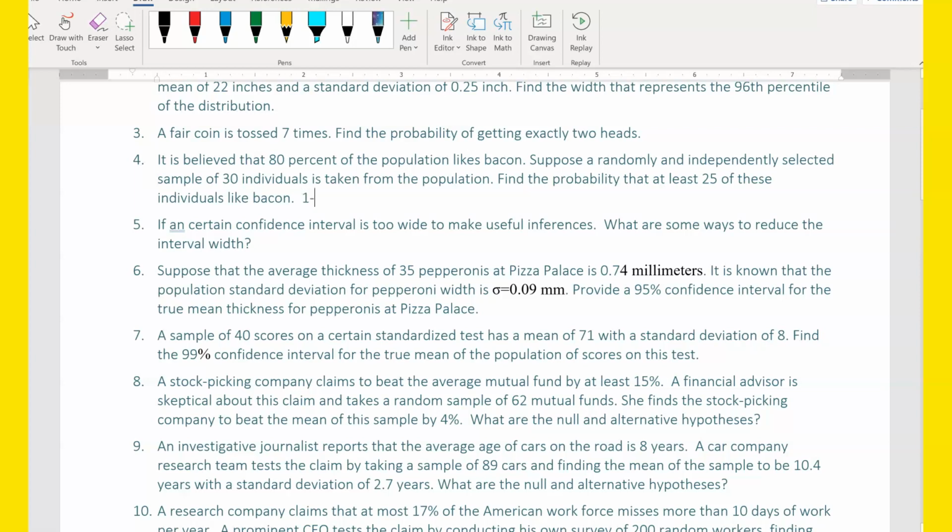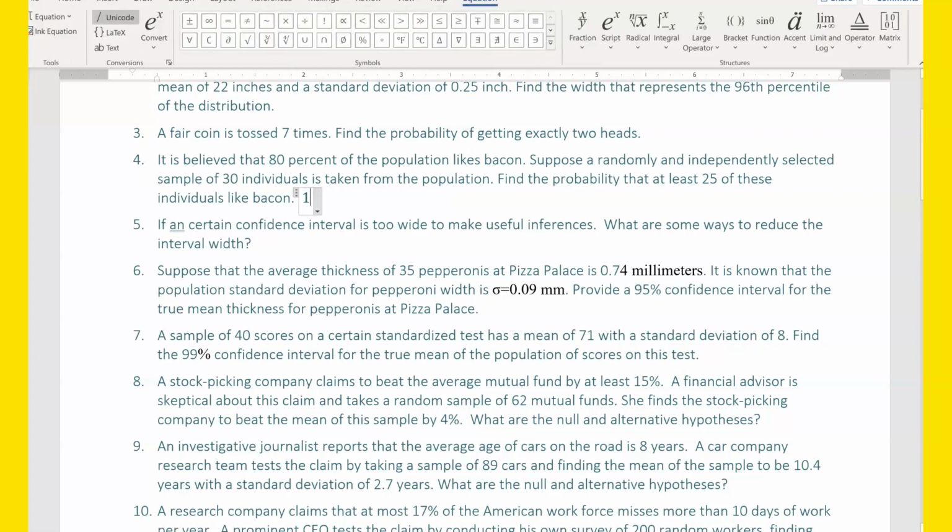If you do 1 minus the probability that 0 do, plus the probability that only 1 does, plus the probability that only 2 do, plus ... plus the probability that 24 do, that will get you the answer, right?